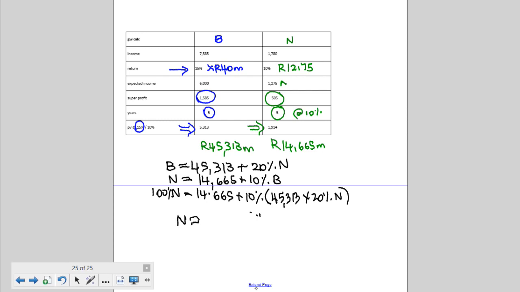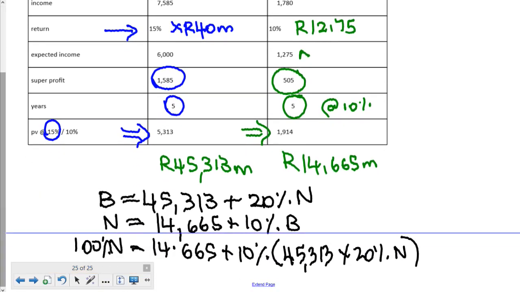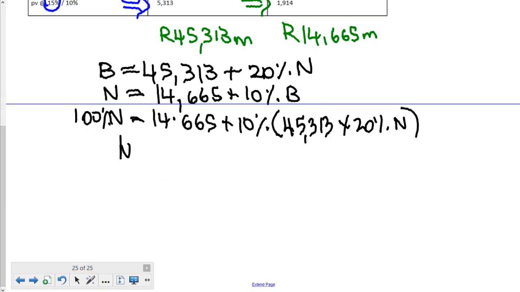You should get a value for N. I got 19,587.49231. Let me just check yours.